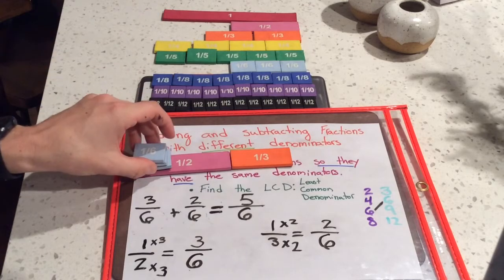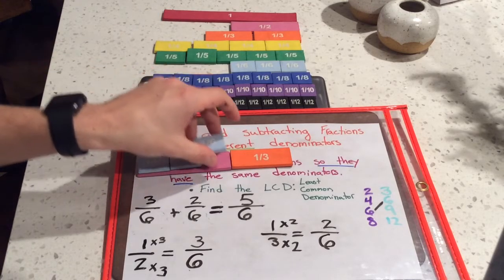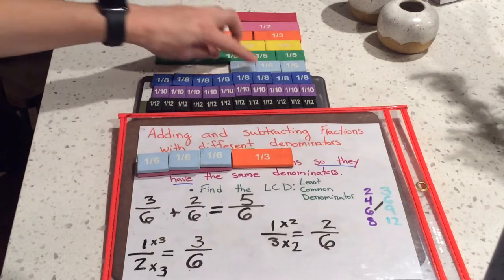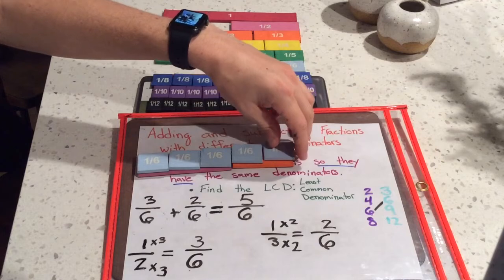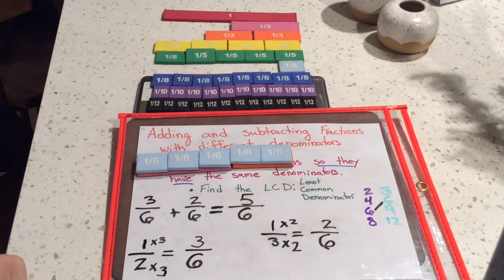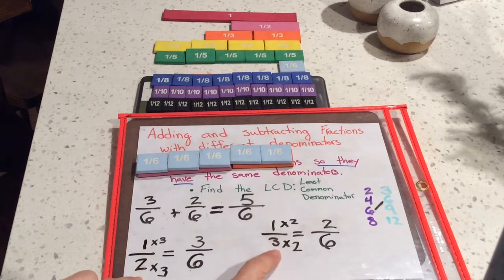Let's prove that that is in fact a true statement. There's 1, 2, 3. There's 4 and 5. 5/6 is equal to, 3/6 plus 2/6 is 5/6. Or if I use my original equations, 1/2 plus 1/3 is 5/6.